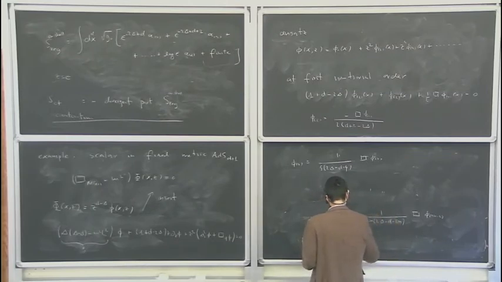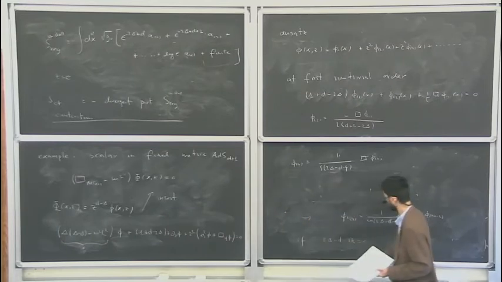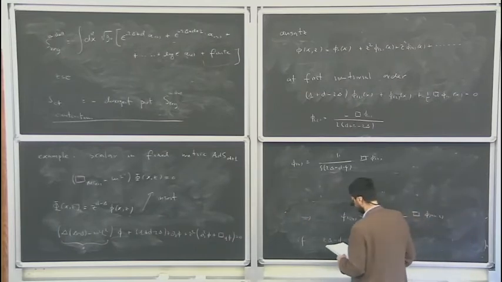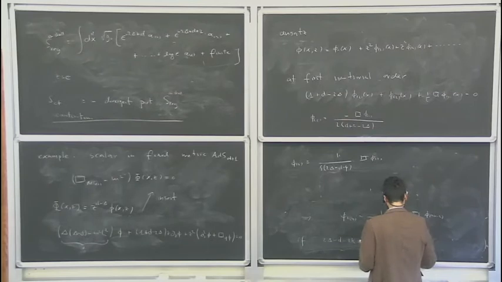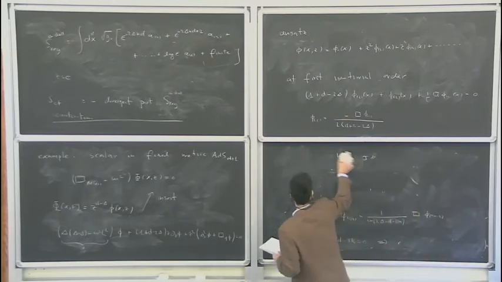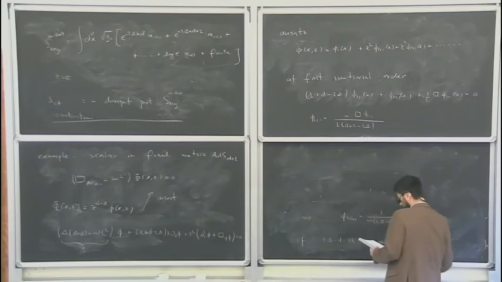If at some point there exists an integer k such that this is 0, then the expansion is modified by inserting a logarithmic term. I have no space here, so I'll put it here.